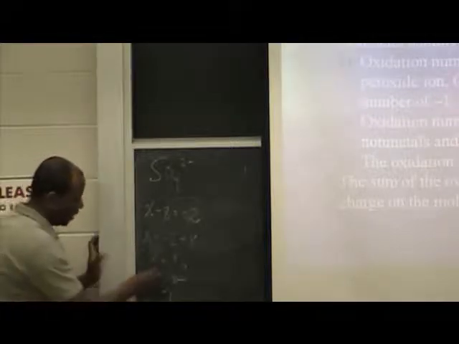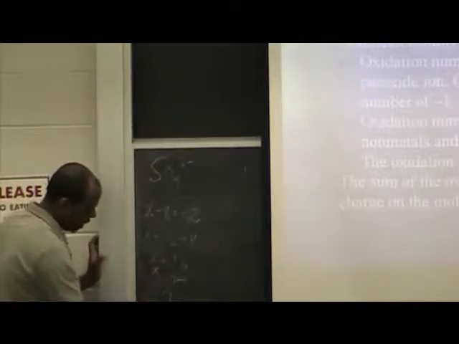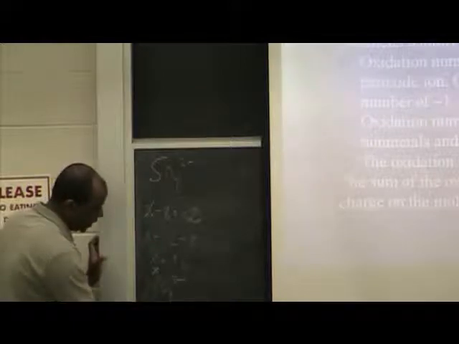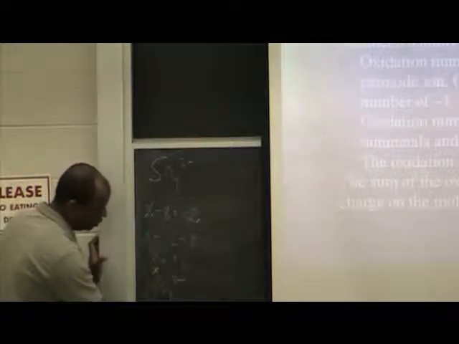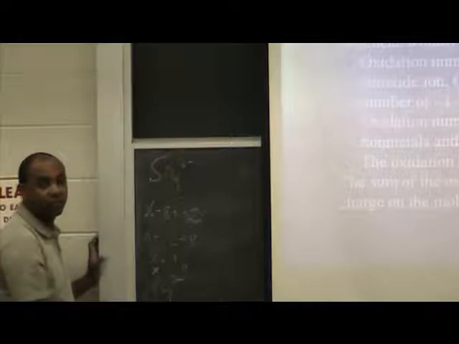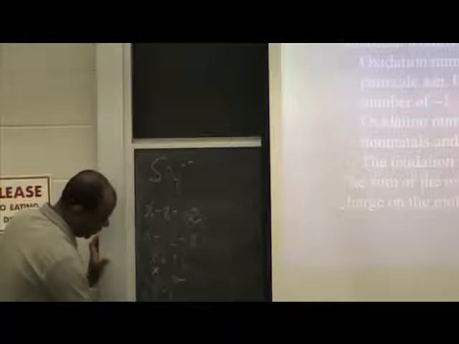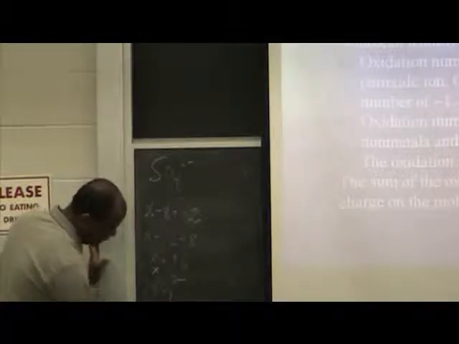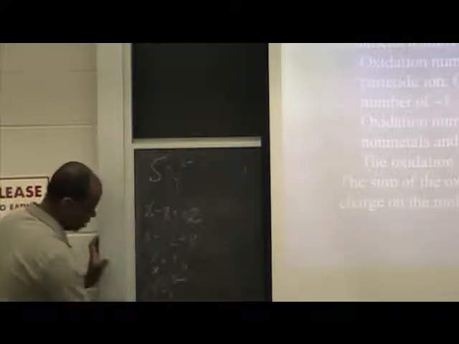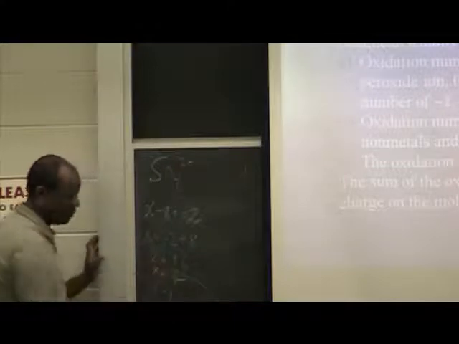So to find the oxidation number of phosphorus, x minus 8 equals negative 3. Move the minus 8 over, minus 3 plus 8, and x will be plus 5. That is the oxidation number of phosphorus in phosphate.